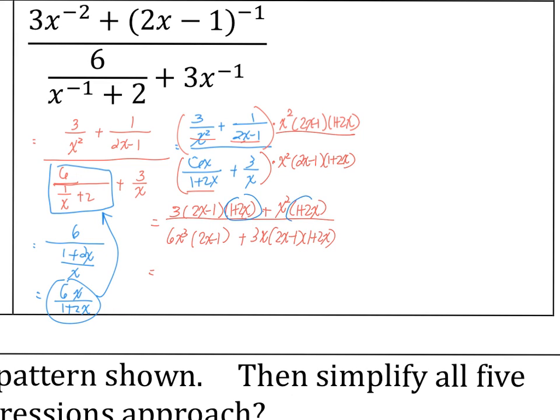factor this out. So it would be 1 plus 2x, 3, 2x minus 1 plus x squared. I'm not going to skip any steps yet, just in case I make a mistake. Well, here we have 2x minus 1. We can factor this out too.